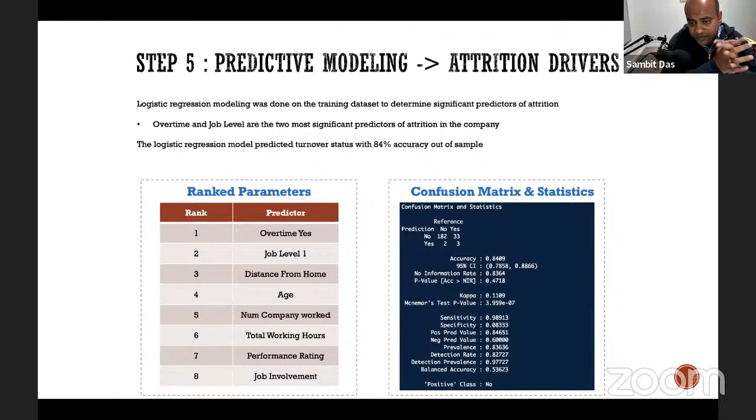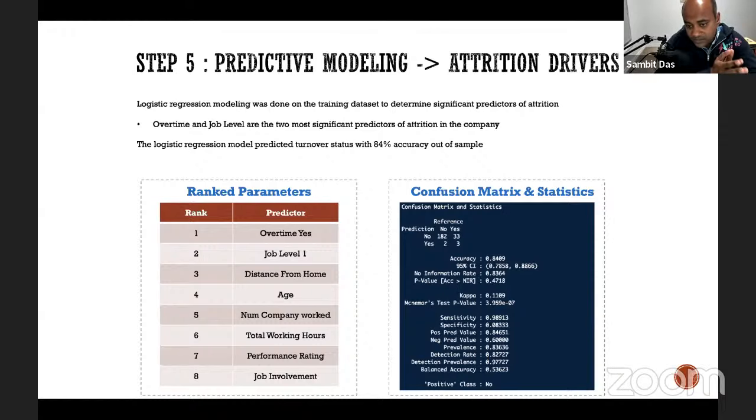The idea here is that we divide the data set into two parts. One is the training data set, let's say 80% of the data, and the other is the test data set, which we keep aside. We do not train the model on the test data set. The training data set is used to train the model.